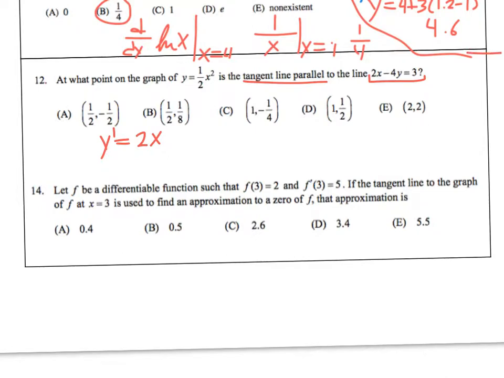That's going to be negative y equals negative 2 divided by negative 4 is 1/2 x, and then 3 divided by negative 4 is minus 3/4. The only part I really care about is that slope, because the slope is what we're looking for here. So if 2x is equal to a half, that means that x is equal to a fourth.